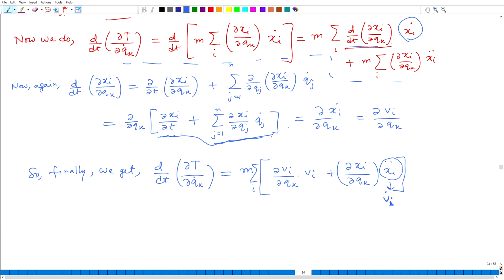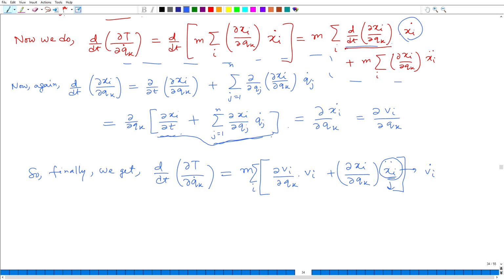Now, I am going to do something. You see that all these things I can write as v̇_i, because these are in Cartesian coordinates, that is very important.